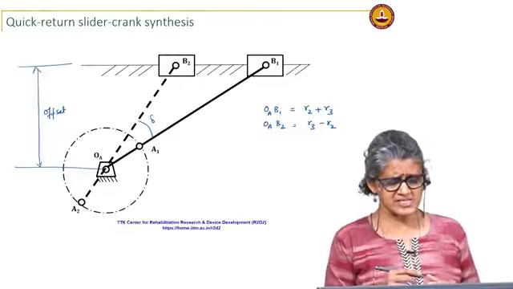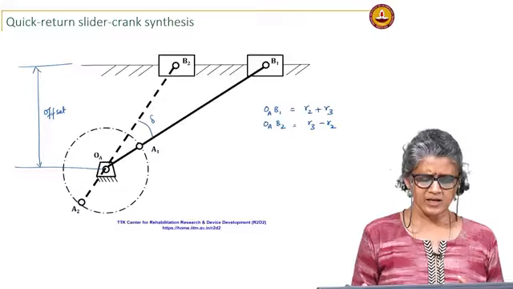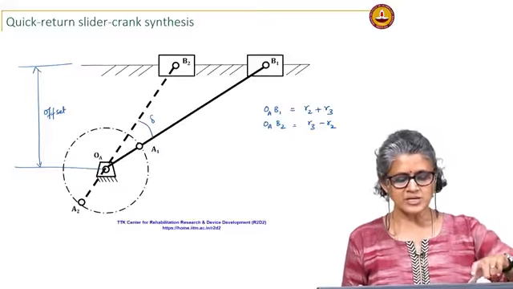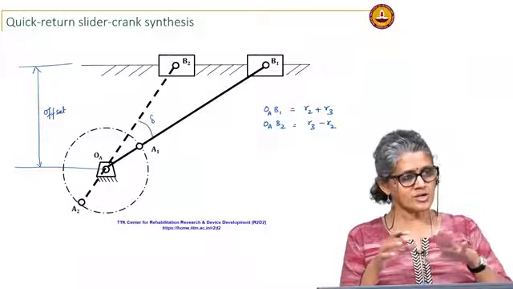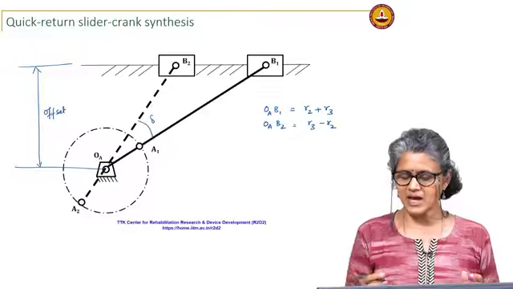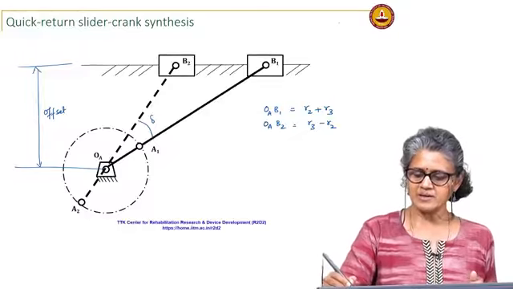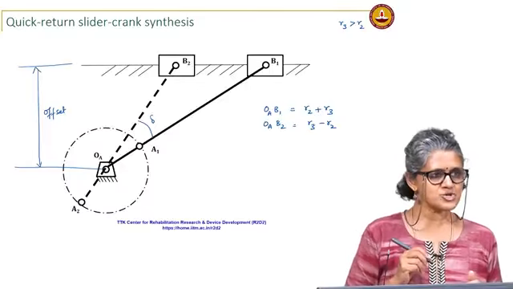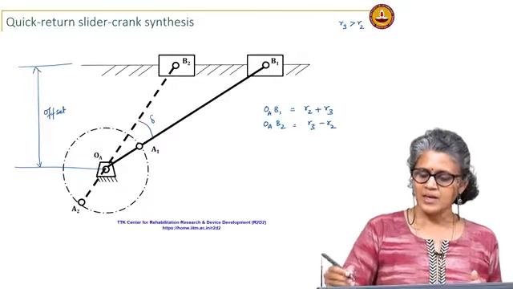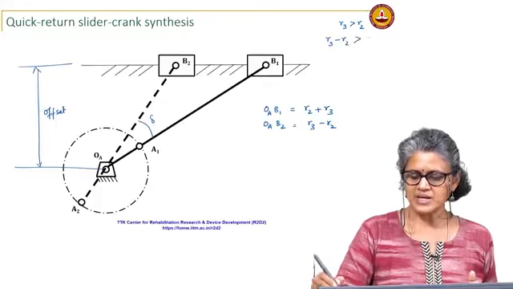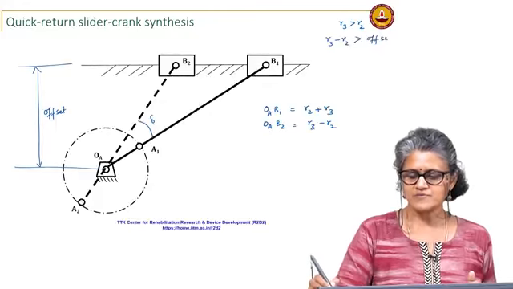Now, in the case of the slider crank, the offset is an important parameter and it can also determine whether or not you will have a functioning linkage. Just like the Grashof criterion, for the slider crank you have conditions such as R3 should be greater than R2 and then R3 minus R2 should be greater than your offset.